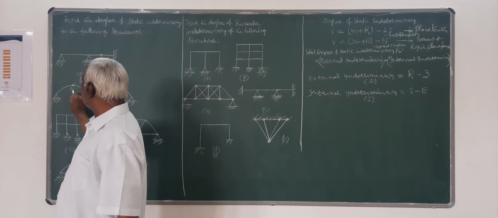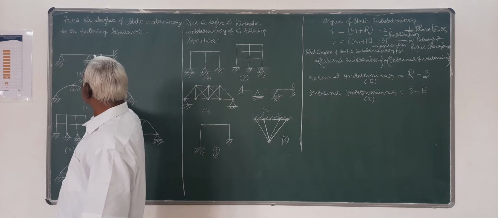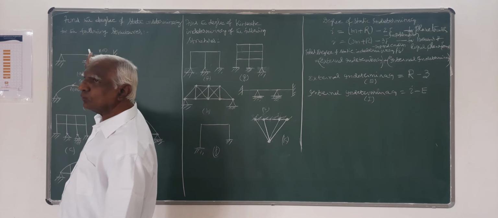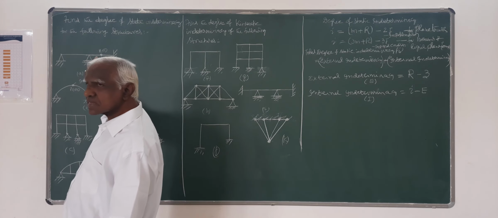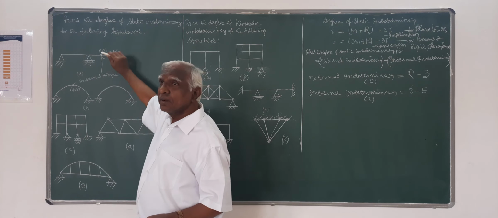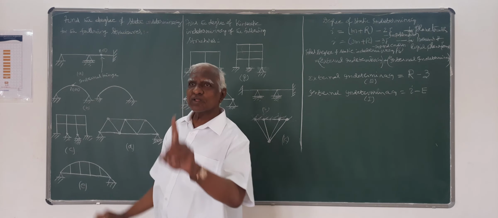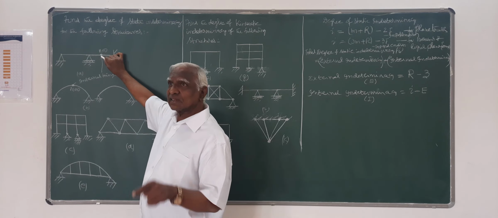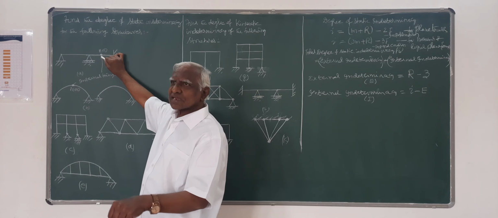there cannot be any moment transfer here. Otherwise, in the entire structure there will be moment. Because it's a beam flexural member, there will be moment at all the points. But at this point, there is no moment. That's the speciality; that's an imposed condition externally.